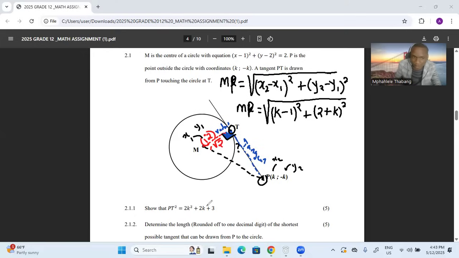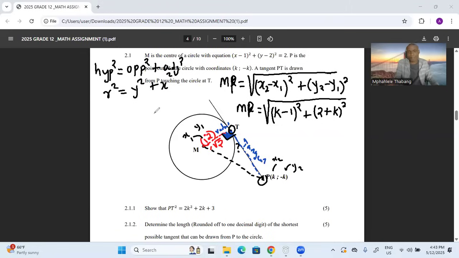The theorem of Pythagoras states that the hypotenuse squared equals the opposite squared plus the adjacent squared. I know some of you know it as r squared equals y squared plus x squared. No problem.